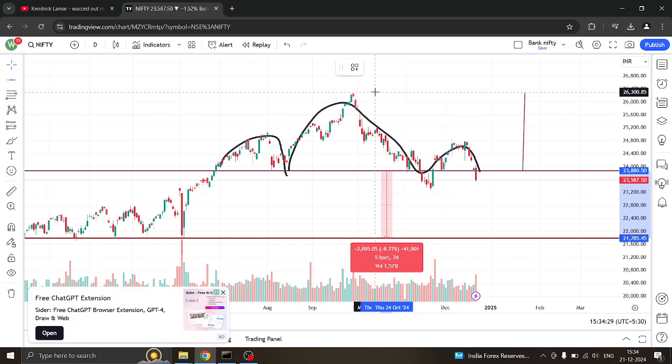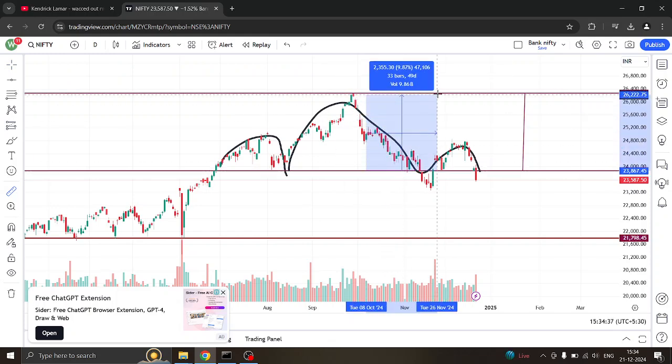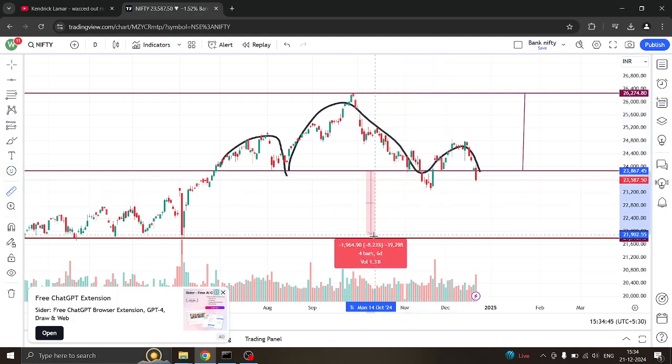Let me draw it once again. Let's measure the difference between the neckline and this resistance line at the top. The difference is 2381 and here the difference is 2134. Then that means the price can go further down.